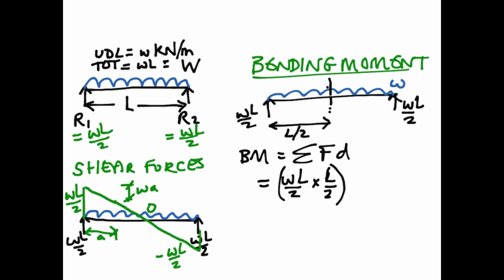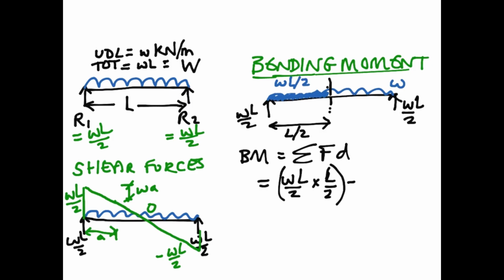Then we have to subtract from that the moment acting in the opposite direction due to this area that I'm shading. This area shaded blue will have a total load of W times L over 2.